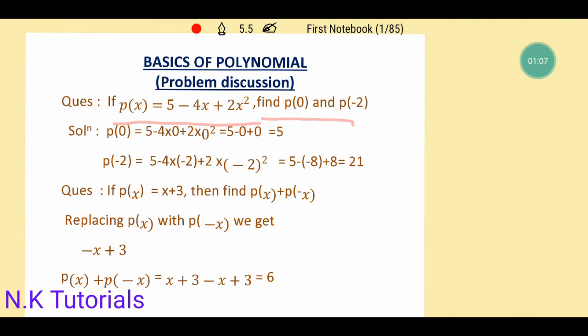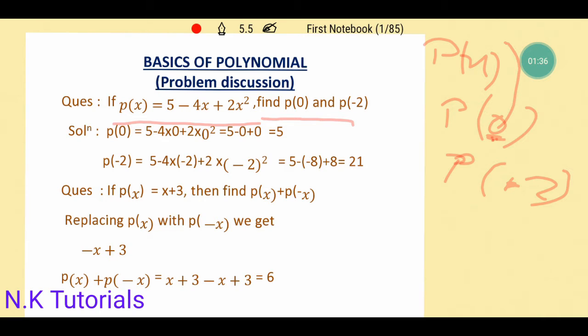The only thing we have to understand is what is meant by p(0) and p(minus 2). This is the thing I haven't dealt with in the basics of polynomial. p(0) means we have to put 0 in place of x.